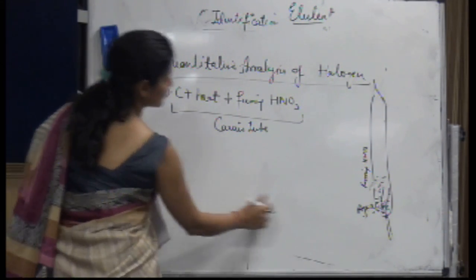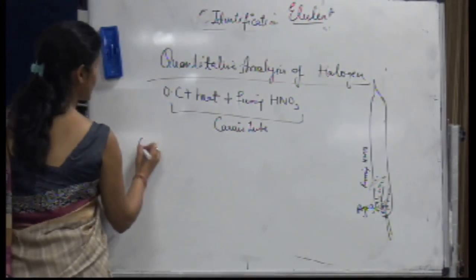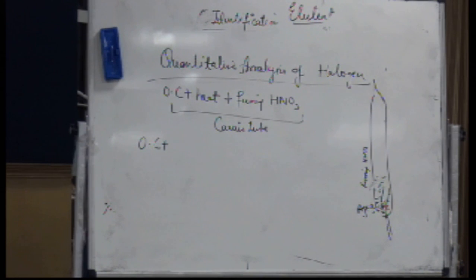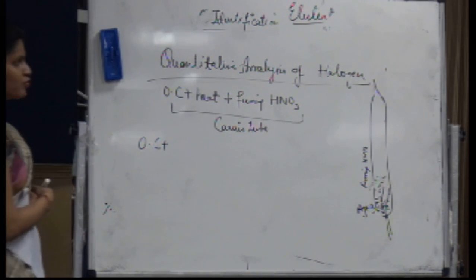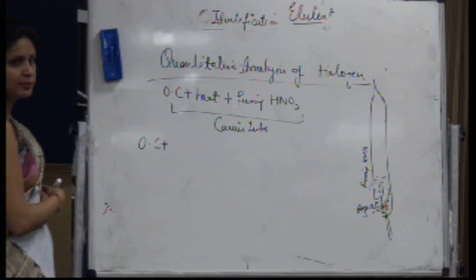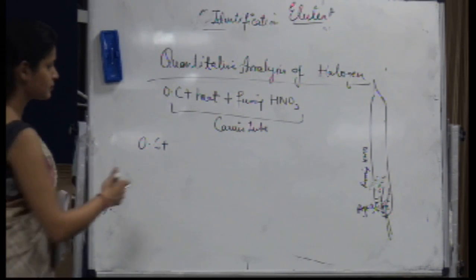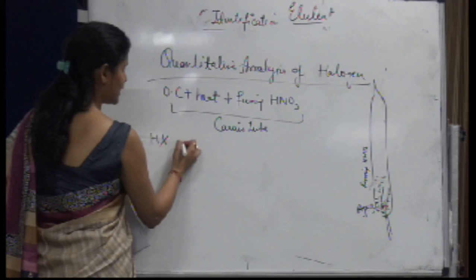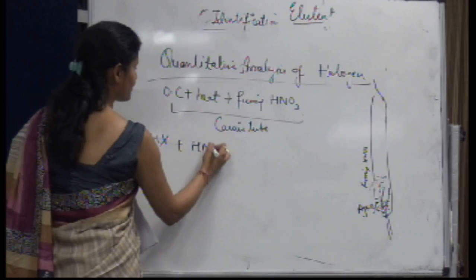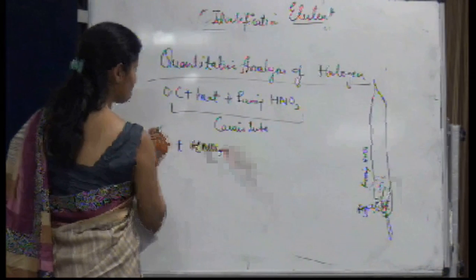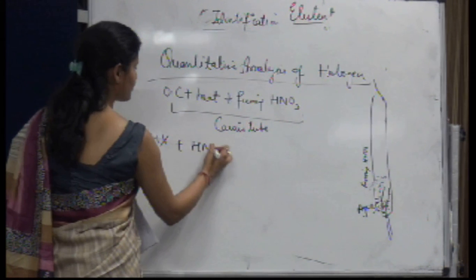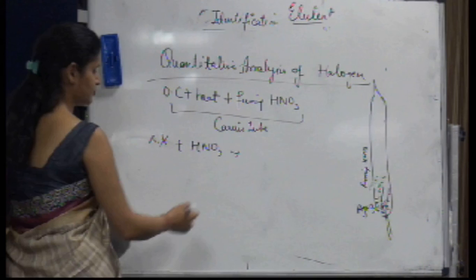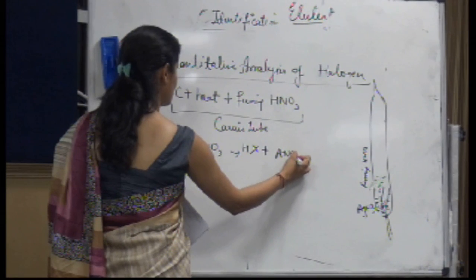So if this is the reaction, this is the organic compound and you are heating it with the nitric acid, then what would form? क्या बनेगा? Suppose it has halogen in it and you are reacting it with HNO3, then what would form? HX plus HNO3.